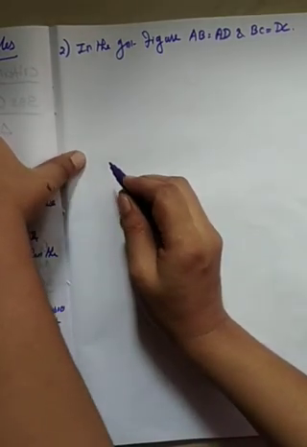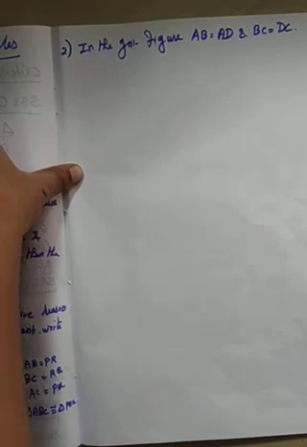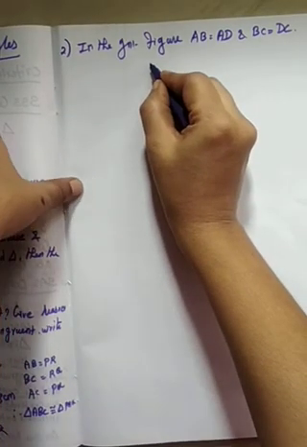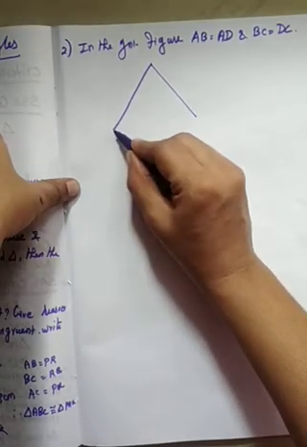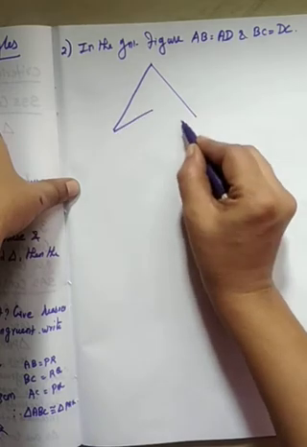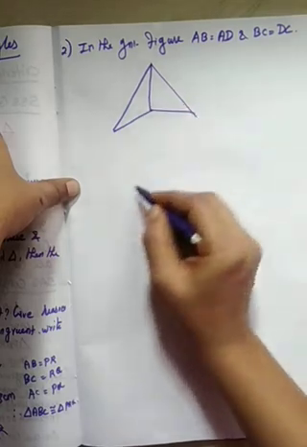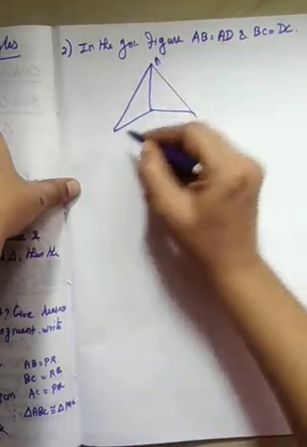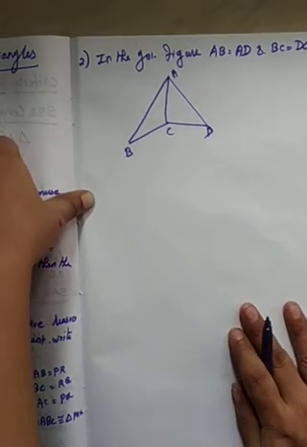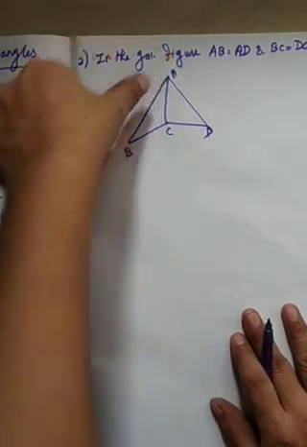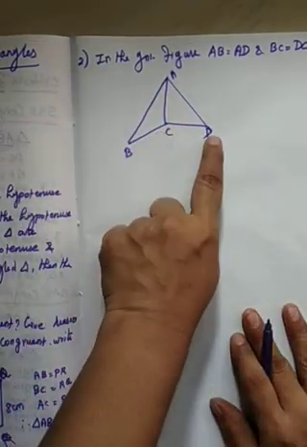Okay, see the figure. This is A, B, C and then D. In this figure, AB equal to AD, BC equal to DC.